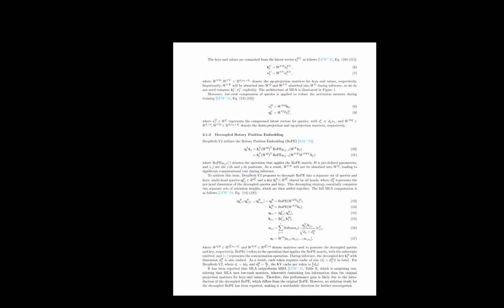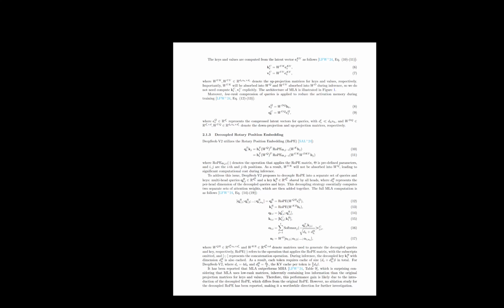This decoupling strategy essentially computes two separate sets of attention weights, which are then added together. The full MLA computation is as follows [LFW+24, Eq. 14-19]: [q^R_t,1; q^R_t,2; ...; q^R_t,n_h] = q^R_t = RoPE(W^QR c^Q_t) (12), k^R_t = RoPE(W^KR h_t) (13), q_t,i = [q^C_t,i; q^R_t,i] (14), k_t,i = [k^C_t,i; k^R_t] (15).